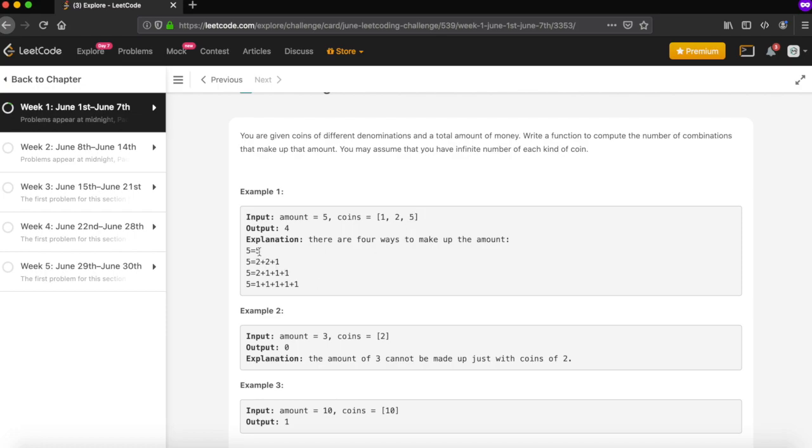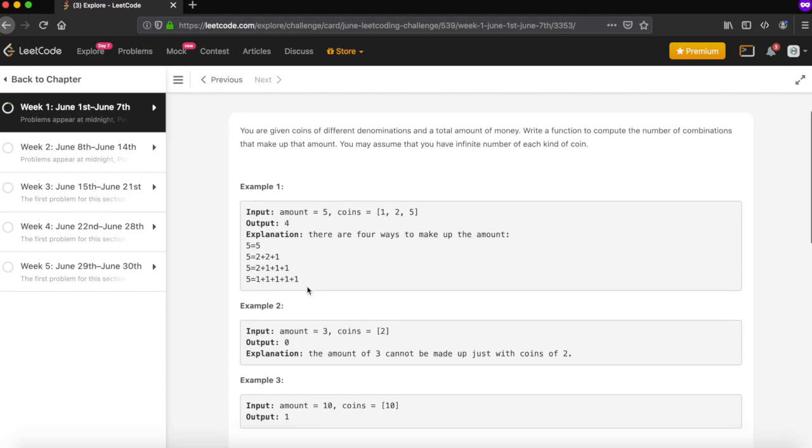Second, we can use two coins of denomination 2 and one coin of 1. Third, one coin of denomination 2 and three coins of 1 rupee. And finally, we can use five coins of denomination 1. So the output is 4. Now let's understand the second example.